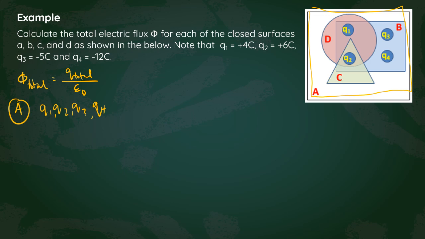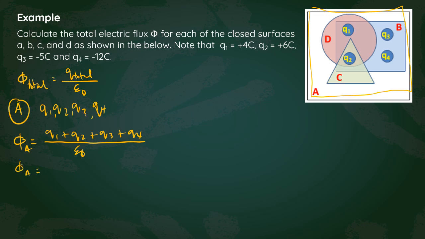Therefore, the total charge will be Q1 plus Q2 plus Q3 plus Q4. The flux for A is Q1 plus Q2 plus Q3 plus Q4 over the permittivity of free space.